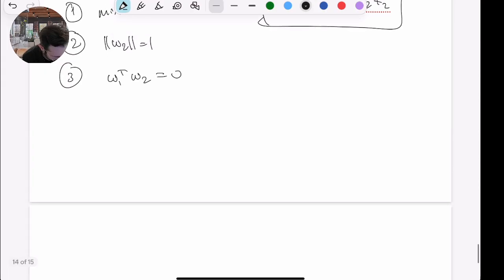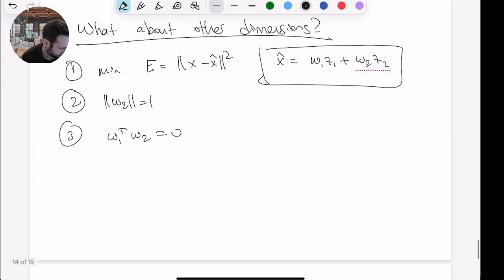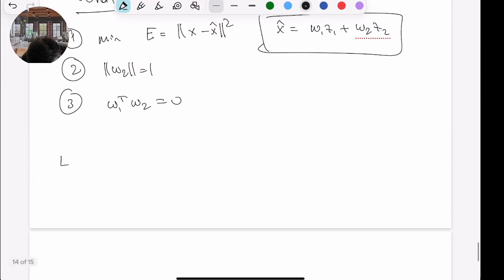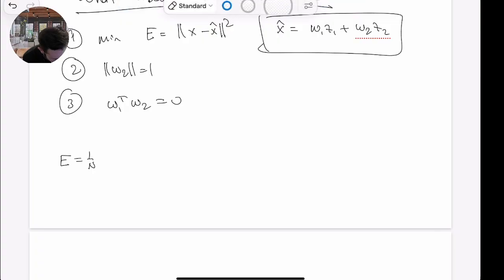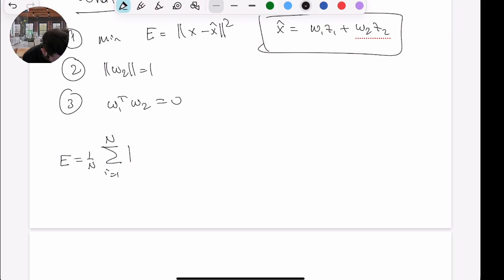So that's what I want to minimize. If I were to write my error now, it is equal to, again, 1 over n summation i equals 1 to capital N, but this time I'm going to write x(i) minus, okay, my next one is something like this: w1 z1 plus w2 z2.